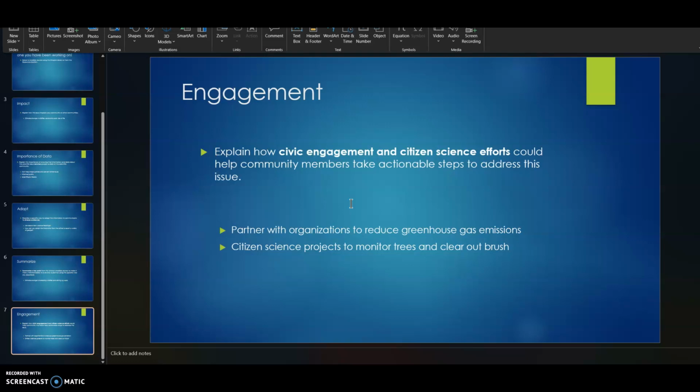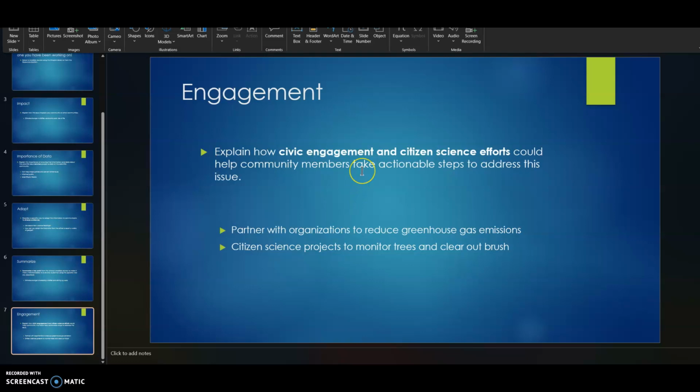So it's helpful to have citizen scientists who can monitor the trees, see if they are being infected, and report that so they can be removed by the National Park Service or from city and state environmental divisions. There are also citizen science projects that can help clear out the brush areas, so there's not fuel laying around for a wildfire to get started.